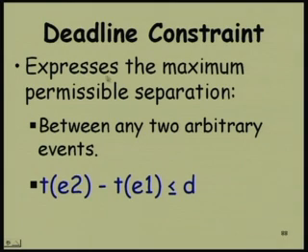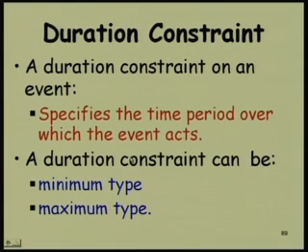A deadline constraint expresses the maximum time that might elapse before an event is produced from another event. If E1 occurred and after that E2 needs to be produced, then the maximum time that is allowed is D, it must be produced before D. Now, a duration constraint specifies a period of time over which an event acts.